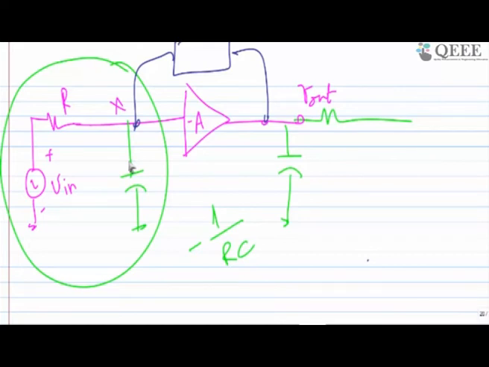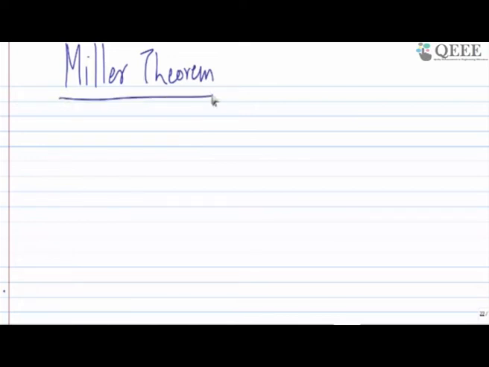Right now I'm making the pi model, which is more advantageous to us because I can analyze it very easily. So there is one theorem called Miller. This gentleman has found a theorem, or an approximation, through which you can actually decompose the impedance.